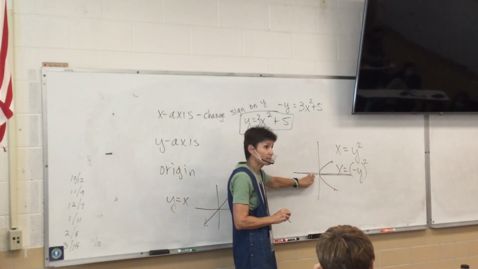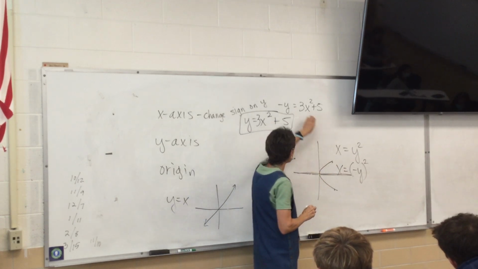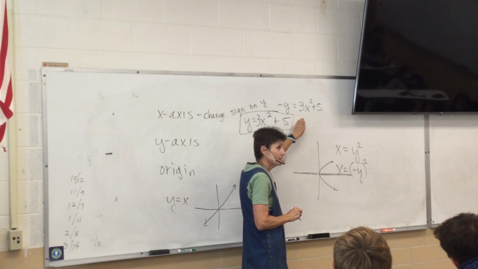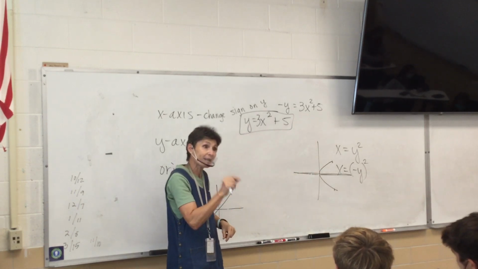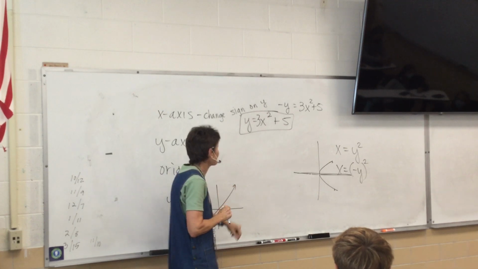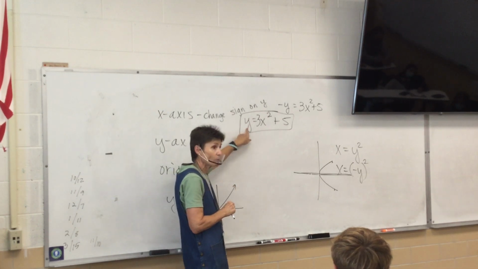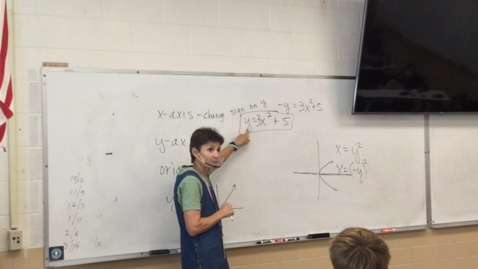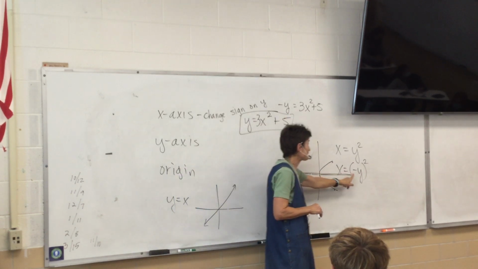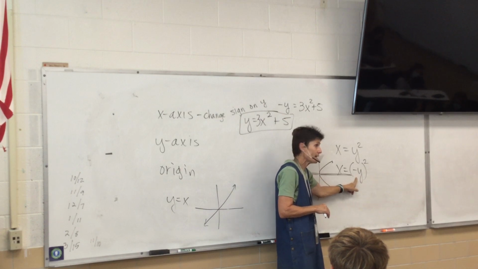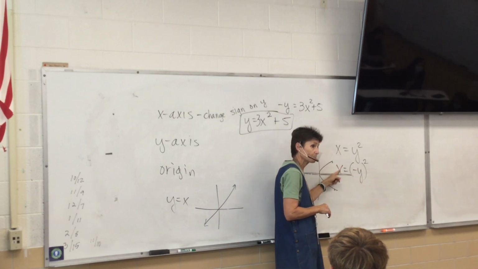It has symmetry about the x-axis. This one does not. When I throw some random equation at you and say, does this have symmetry about the x-axis, you simply change the sign on y and see what happens. If you get a different equation, it's no. If you get the same equation, it's yes. These two are the same.